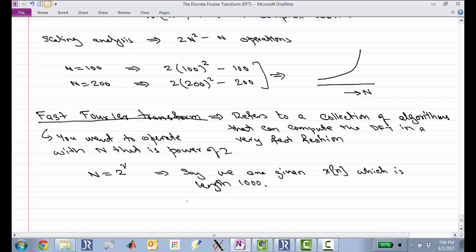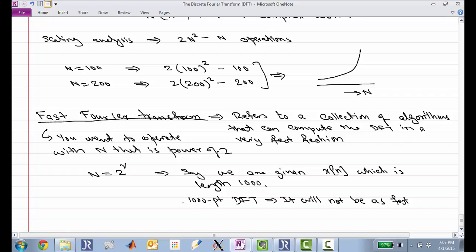So if you want to compute DFT of this, right, one is that you can compute 1000-point DFT. If you try to compute that 1000-point, it will not be as fast as you expect it to be. Okay. Why? Because 1000 is not a power of 2.